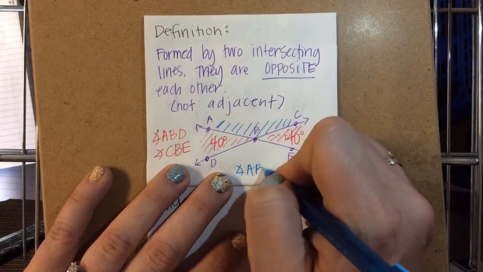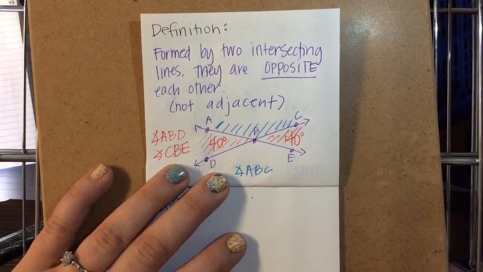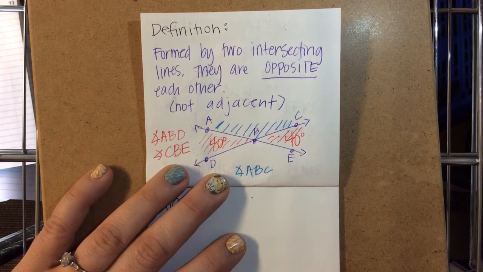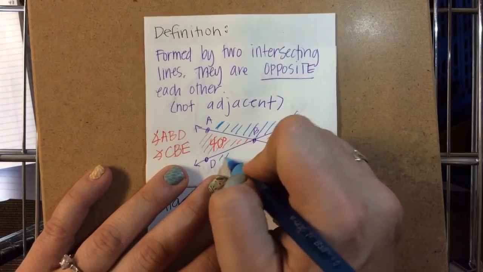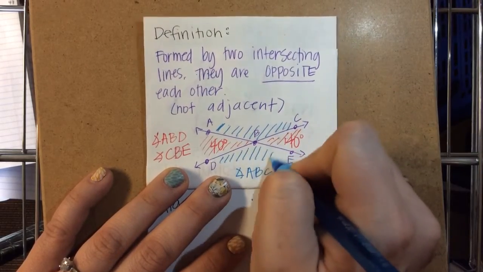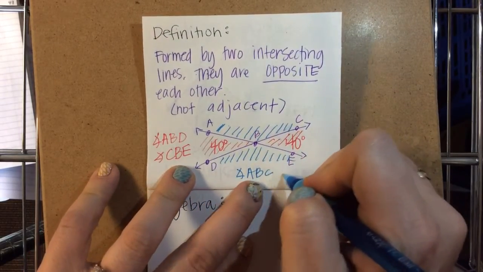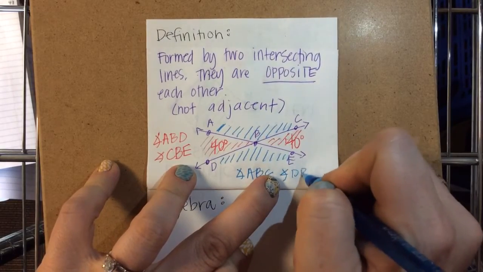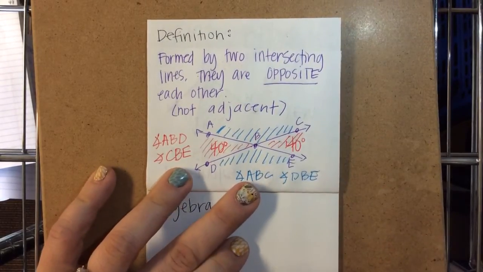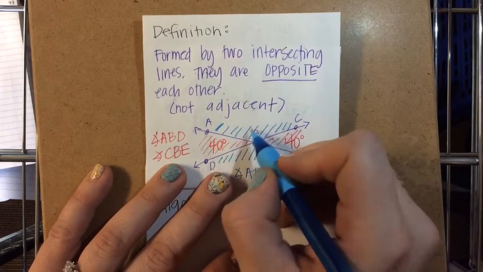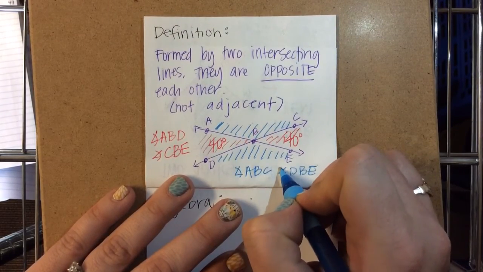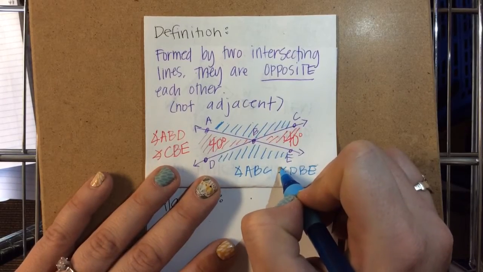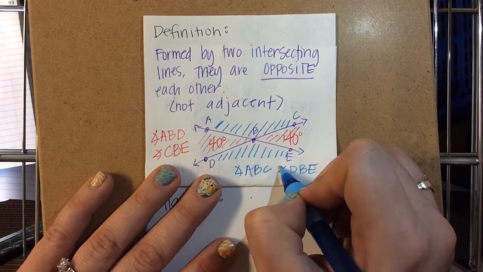Angle ABC is vertical to what? Yeah, they're opposite. And if ABC was 140 degrees, what would DBE measure? Because vertical angles are equal.